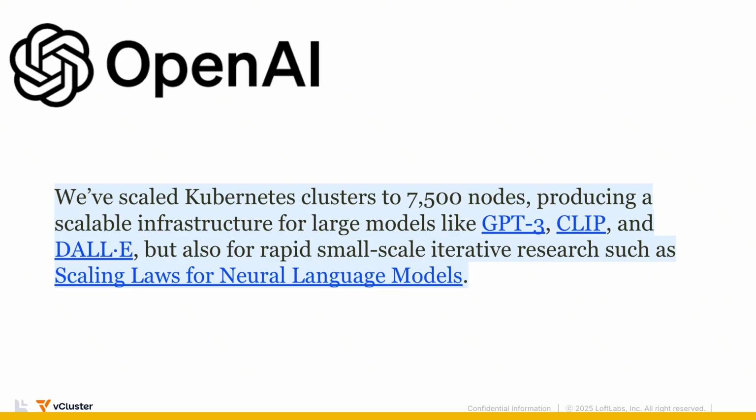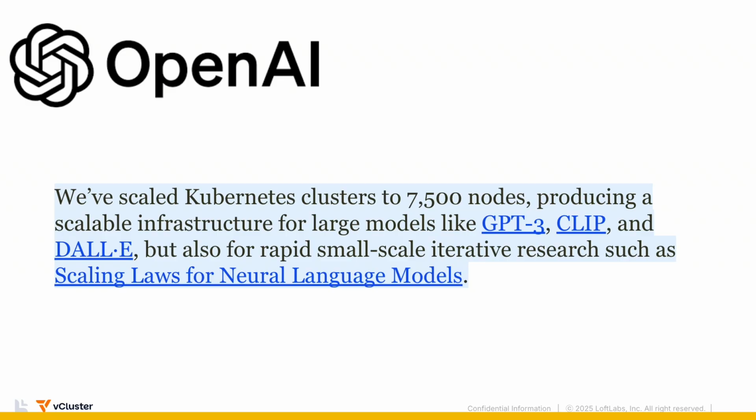Just to give an example, OpenAI, of course, is one of the largest companies in the space for running GPU workloads. They shared that they have been able to scale up their Kubernetes clusters to more than 7,500 nodes, which has enabled them to do the training and inference for some of their largest large language models like GPT-3 and DALL-E.